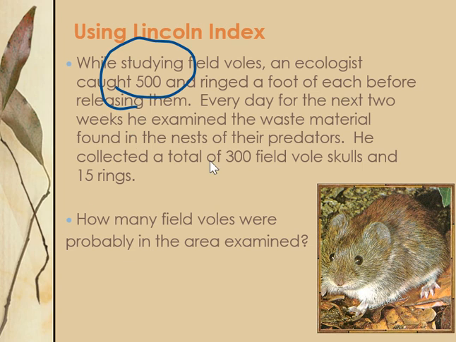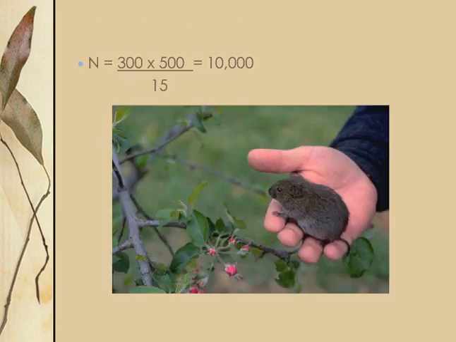That means that the first time they were captured when the rings were put on them, and the second time they were captured when the ring was found on them. So that becomes them being captured on both occasions. Hence, this becomes 300 into 500 by 15, which is 10,000 voles in the population.